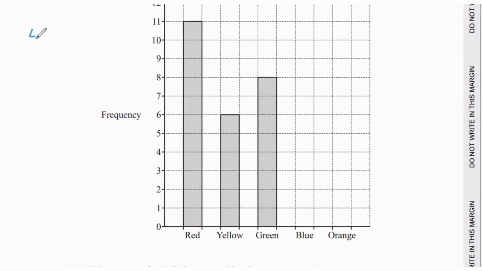So that means 40 equals 11, which is for red, 6 for yellow, and 8 for green. So 11 plus 6 plus 8. For blue, it's 2x, and for orange, it's x. So plus 2x plus x.